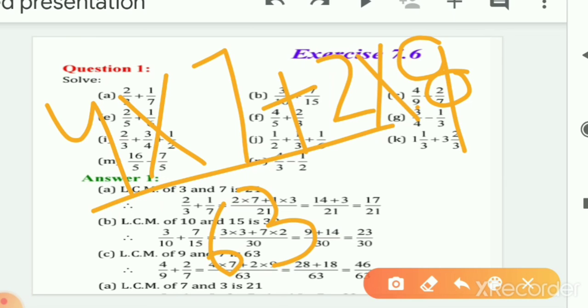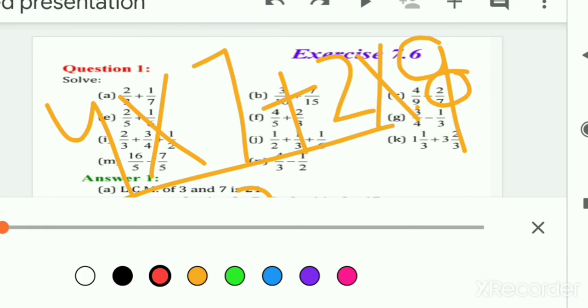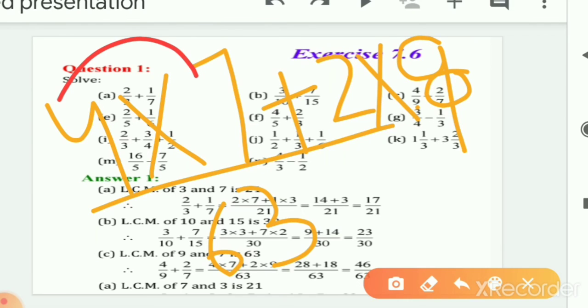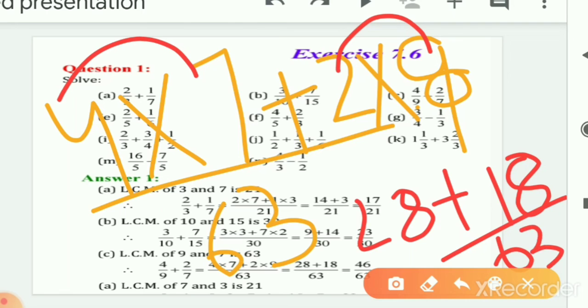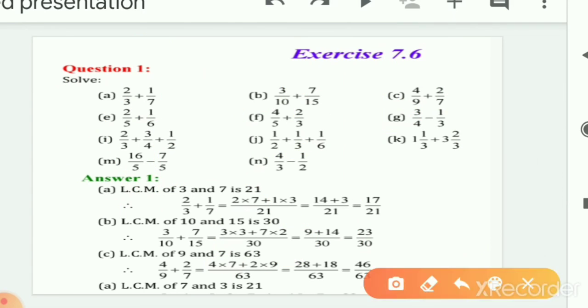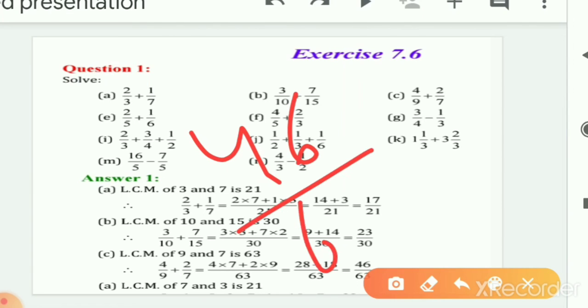So we have 4 7 ja 28 plus 2 9 ja 18 upon 63. Okay, add these numbers, you will get 46 by 63. Just simply do the addition.